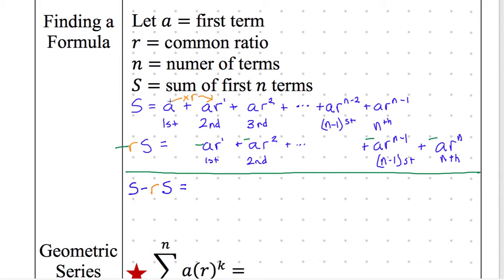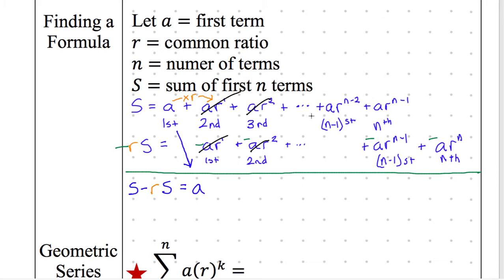This is the cool part. What's A minus 0? A. Yeah. All right, cool. A minus 0 came down here to A. What's AR minus AR? 0. Cross them out. What's AR to the 2 minus AR to the 2? 0.